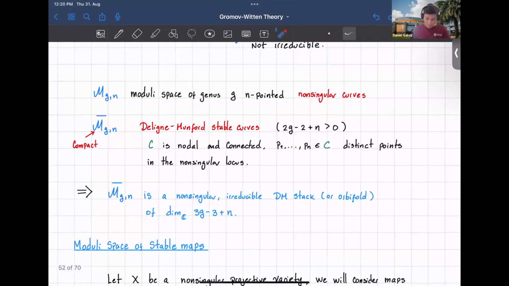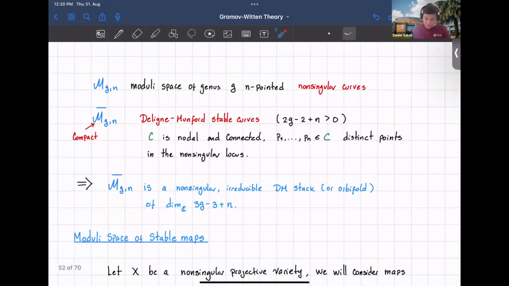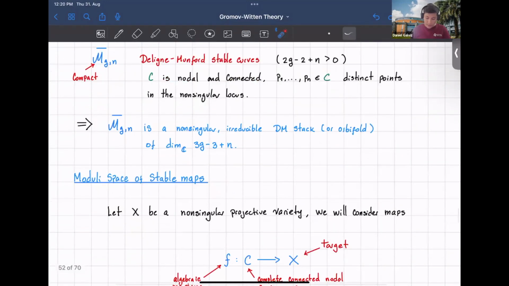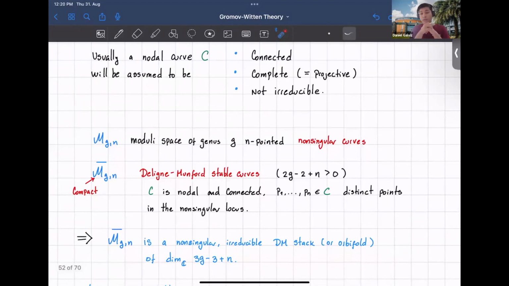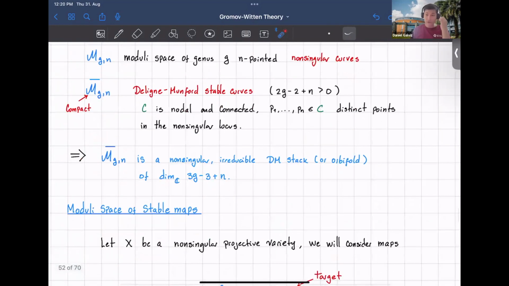Okay, so that is following this constraint for the genus and the marked points. This is the moduli space of stable curves, but we also have to remember that we are counting our curves up to embeddings into our ambient space X. So now we need to describe the moduli space of stable maps.